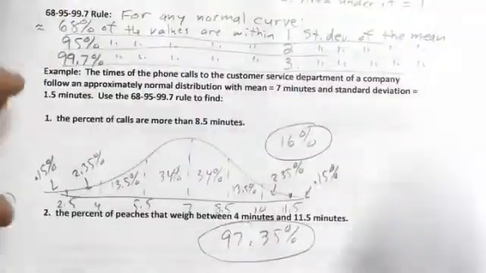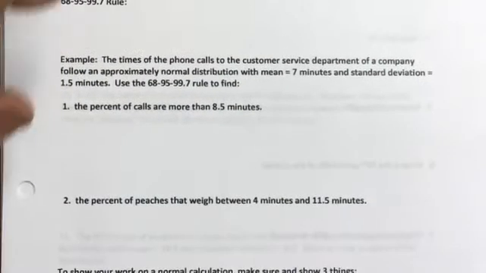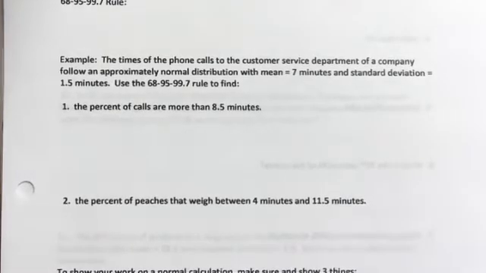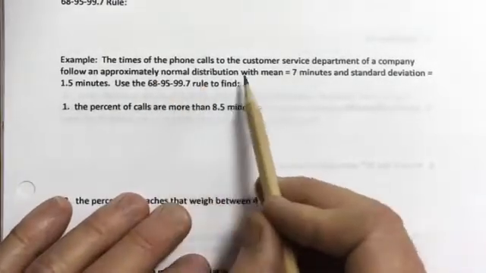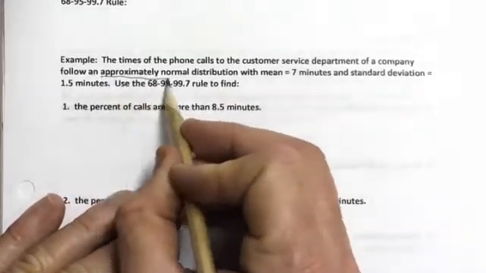So let's do a couple of problems using the 68, 95, 99.7 rule. This says the times of the phone calls to the customer service department of a company follow an approximately normal distribution.